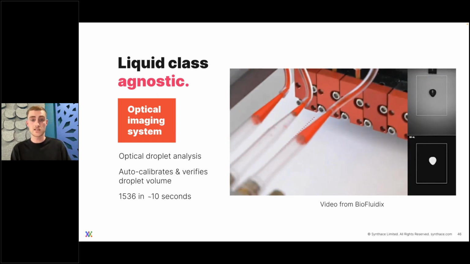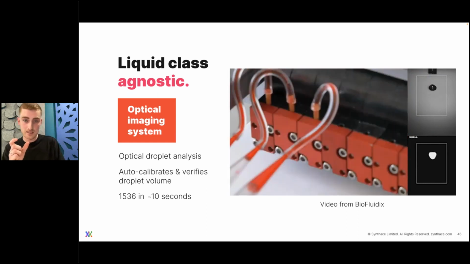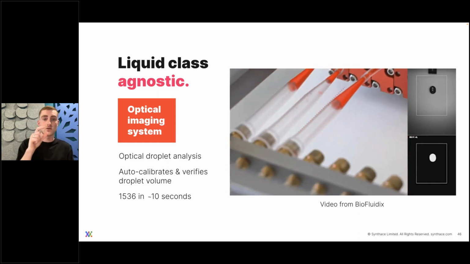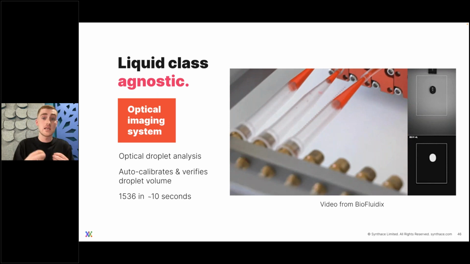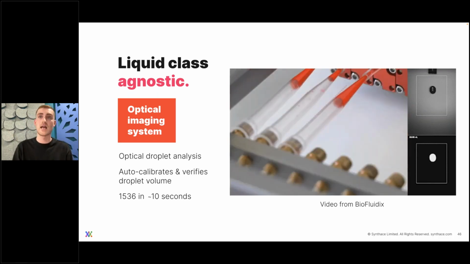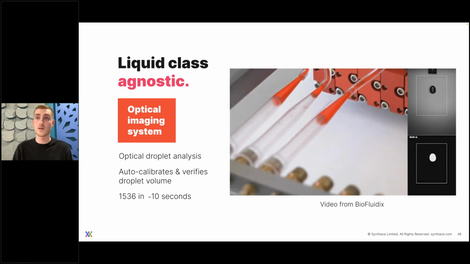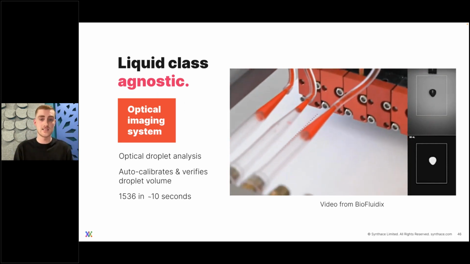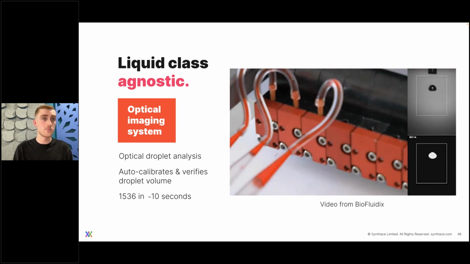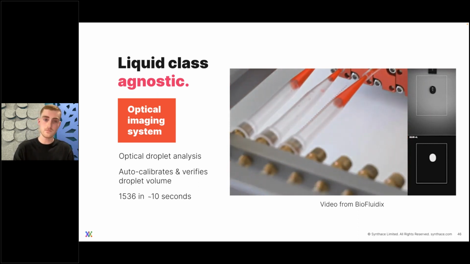By doing this, it automatically calibrates based on the imaging of a single droplet's volume in flight. And so this calibration is done independently of liquid classes. And it can do all of this whilst dispensing 1536 wells in around 10 seconds. So yeah, the Usain Bolt of dispensers.